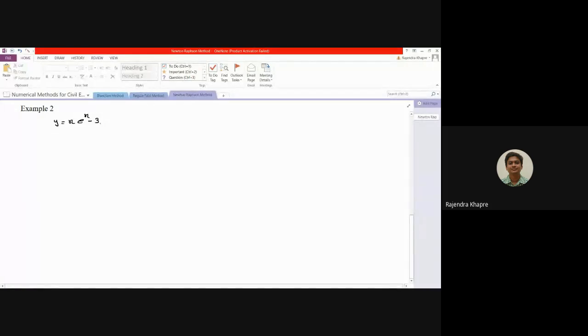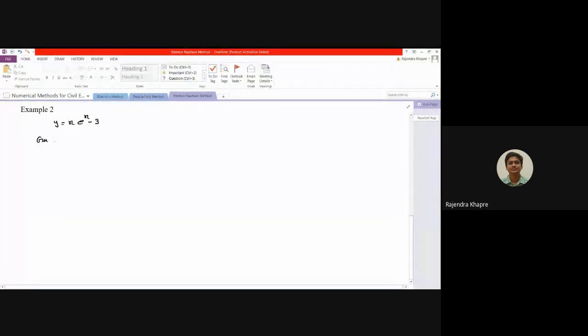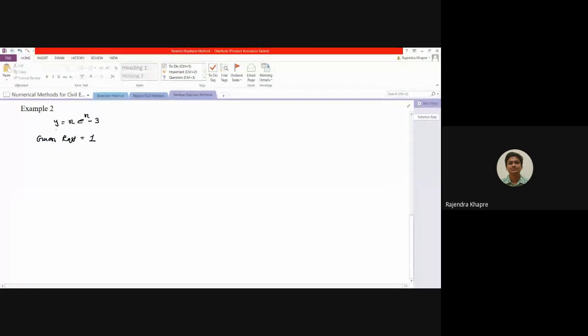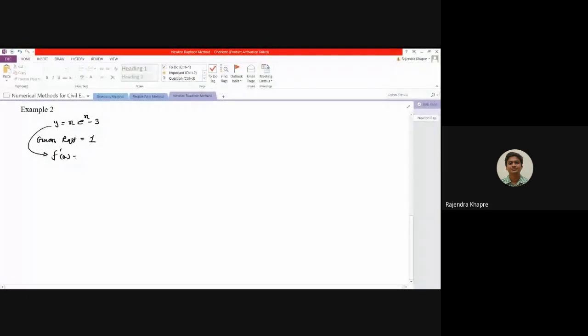Now since this is your y, you can start with any guess root. Let us say the guess root is 1. But here you need to find out f dash of x, that is dy by dx.